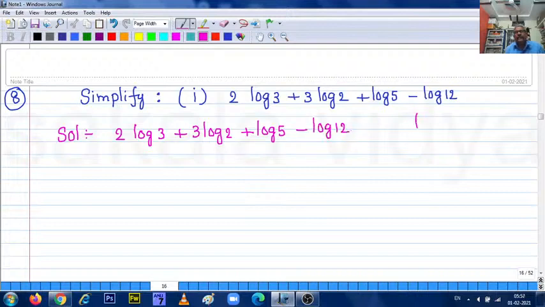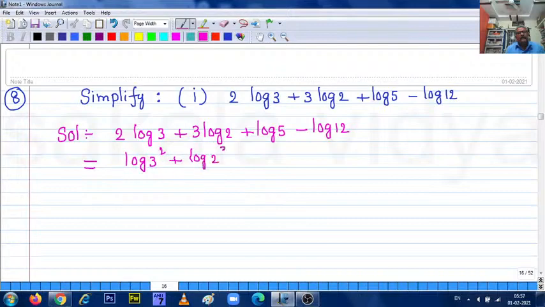So first, let us write 12 in the prime factorization form. Otherwise I can do another method. Okay, leave it now. So we need to simplify. Take the power back. Log 3 square we can write, plus log 2 cube.